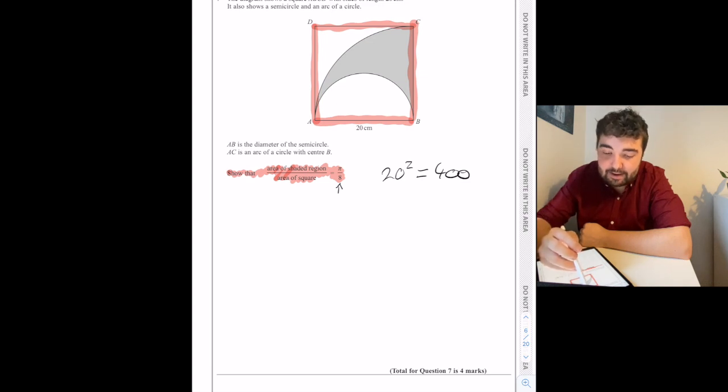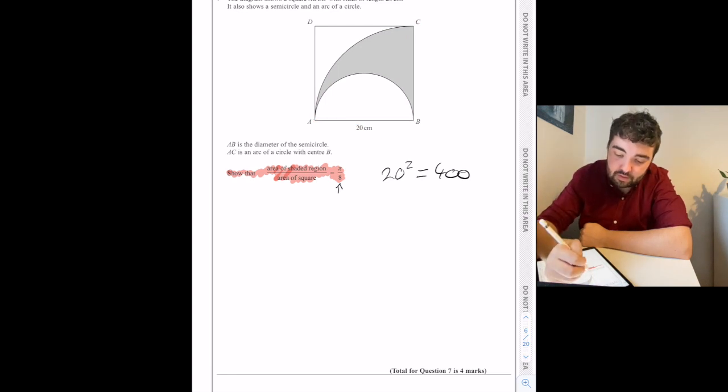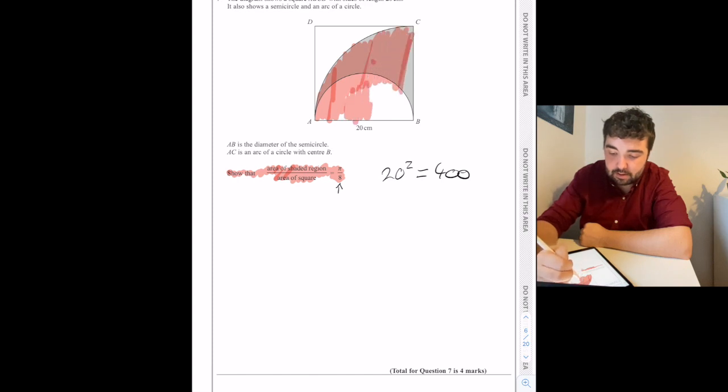Because if I can ask you to picture this. We've got not a semicircle, we've got a quarter circle here. There we go, got a quarter circle there. And then it's almost like we've had this semicircle cut out of it, right?